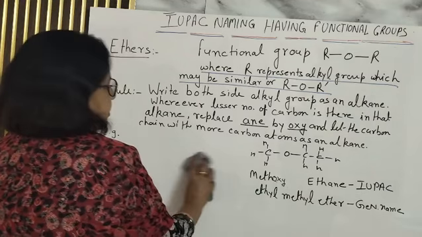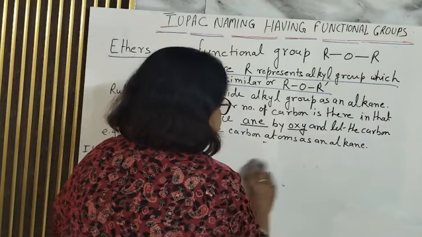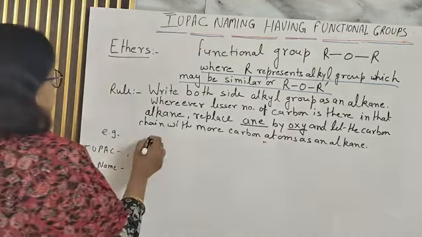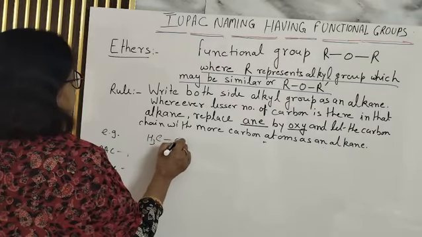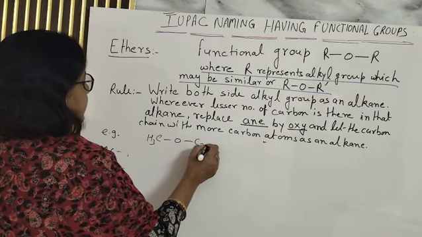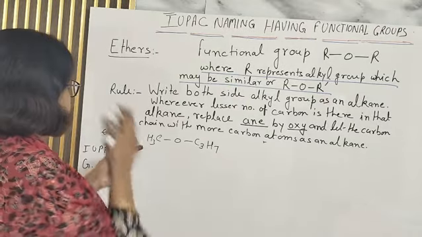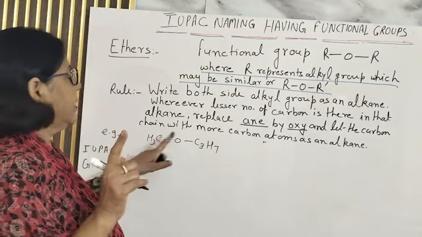You see here. On one side I write CH3O and here I write C3H7. What did I do here? Now see, here is only one carbon.